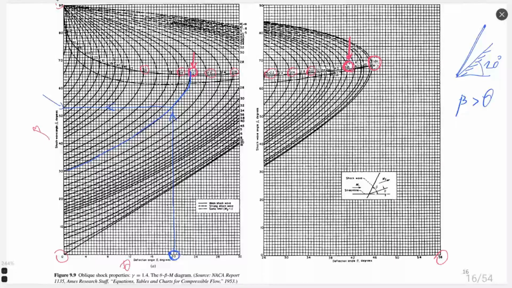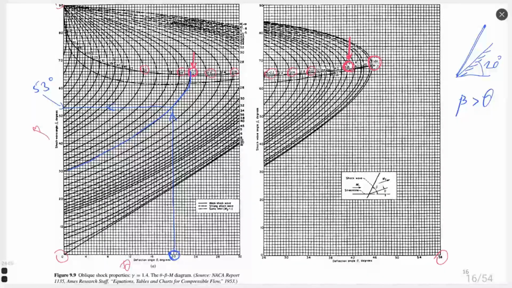I will make some approximation: it looks like 53 degrees. So my angle of shock wave is 53 degrees.